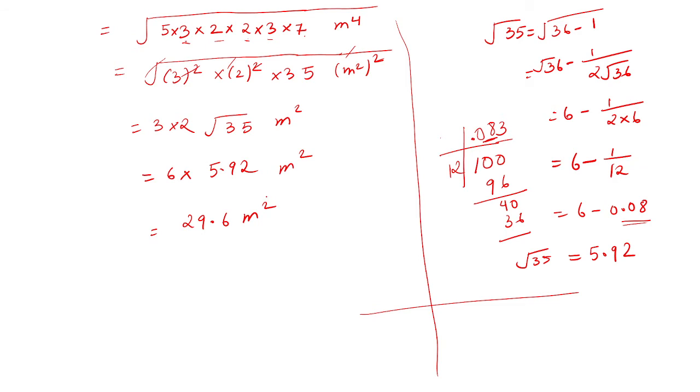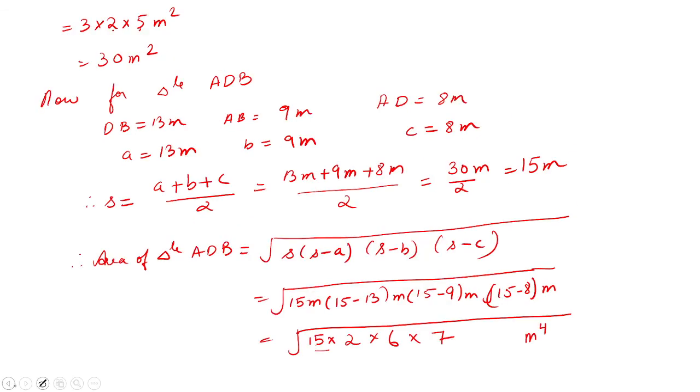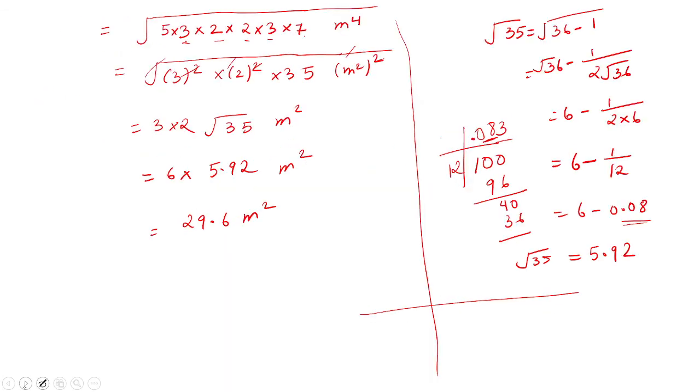Clear up to this much? So you're getting it as 29.6, okay. Alright, so 30 and 29.6. Okay, 6 into 5.92 is actually not 29.6. It's a wrong value. Okay, I'll do the multiplication, never mind.